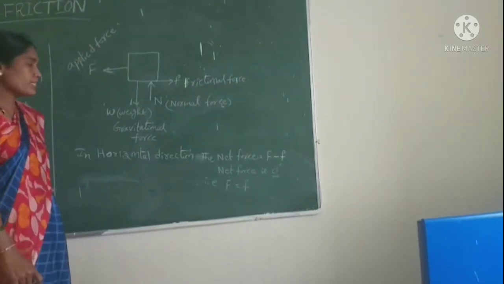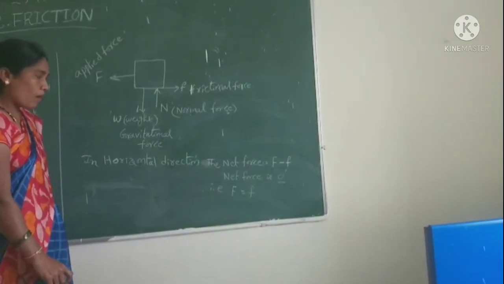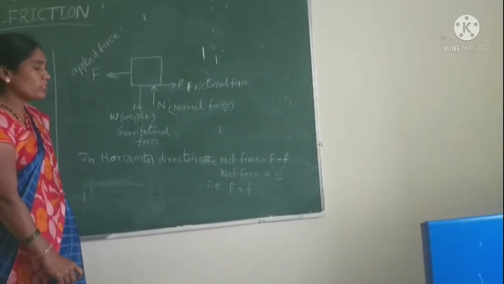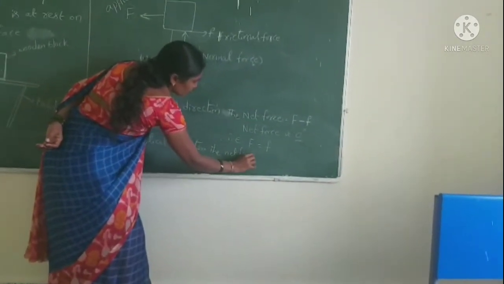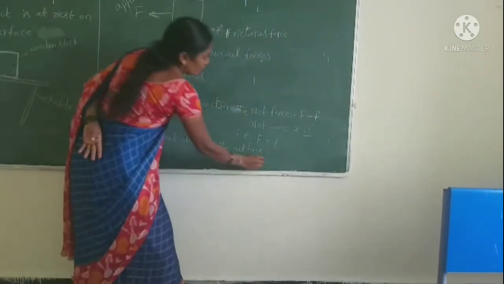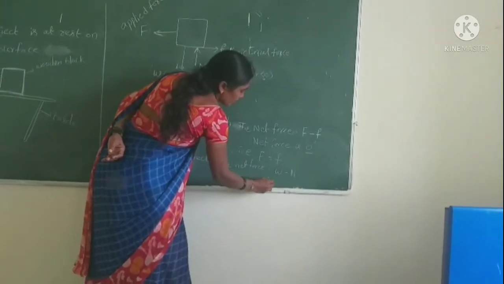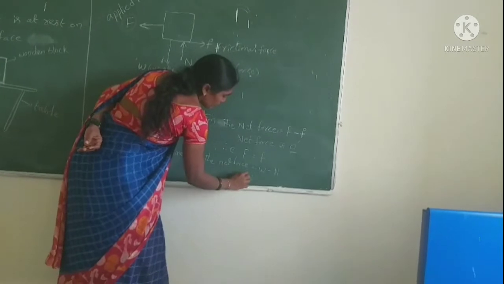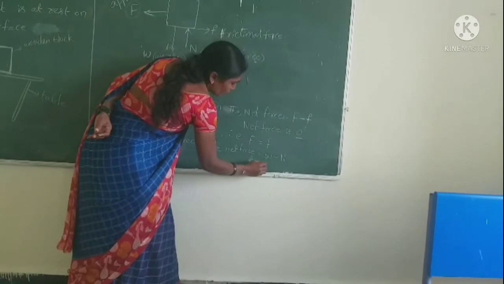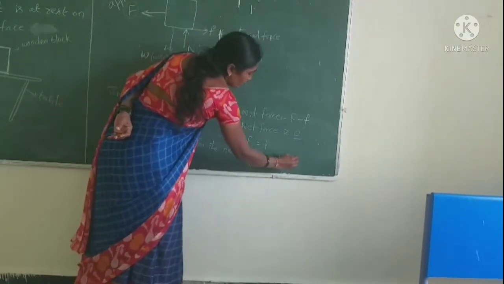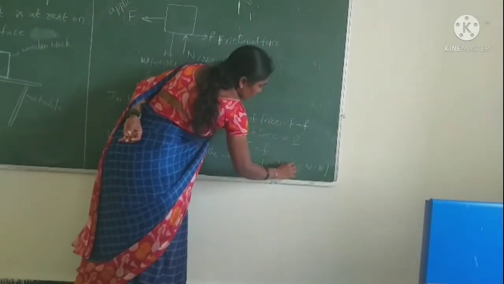The object is at rest, so the applied force on the object is equal to the friction. The net force W minus N is also 0, that is, weight is equal to normal force.